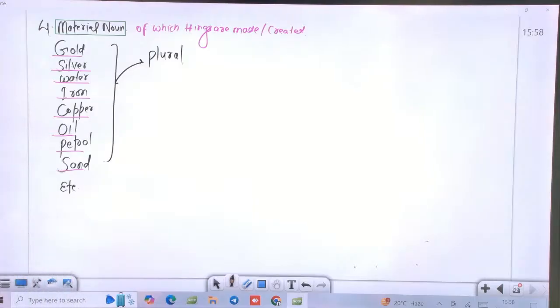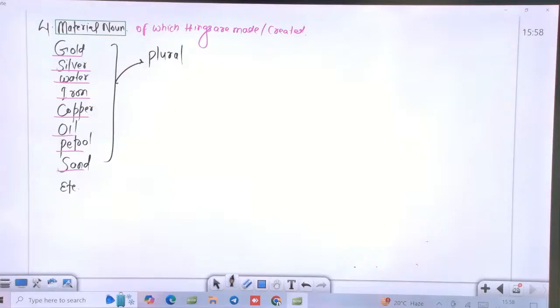We can't make plurals of material nouns.